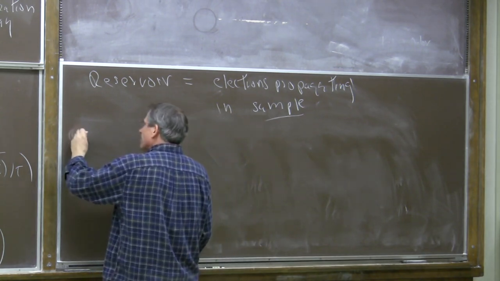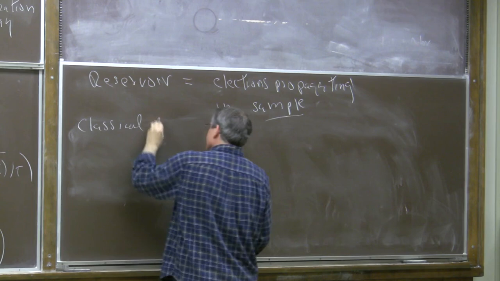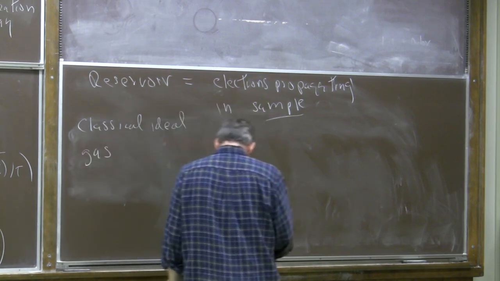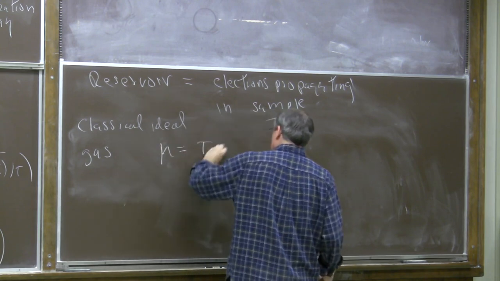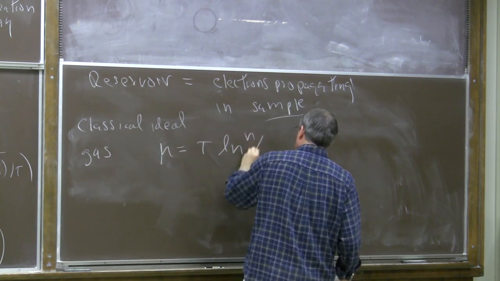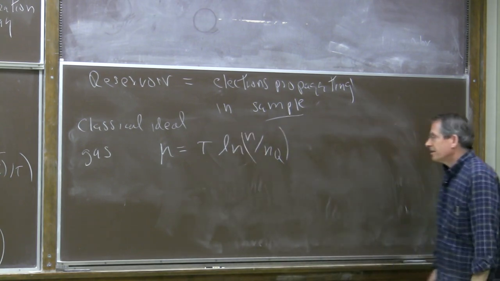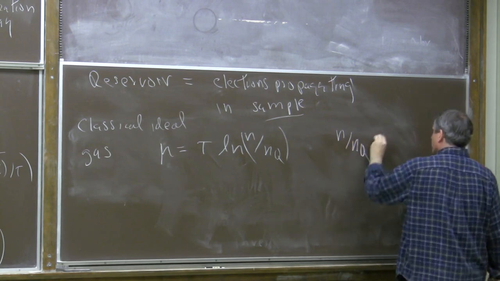And imagine that's a classical ideal gas. So we can write the chemical potential as tau times the log of the concentration of electrons compared to the quantum concentration, where the concentration is small compared to the quantum concentration.